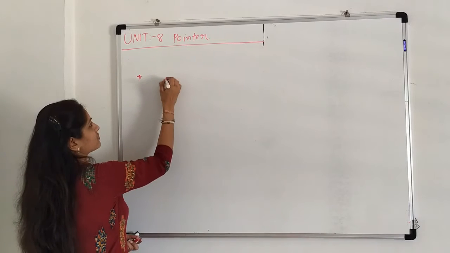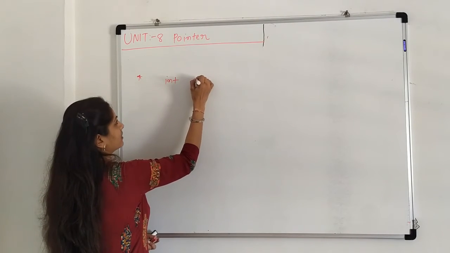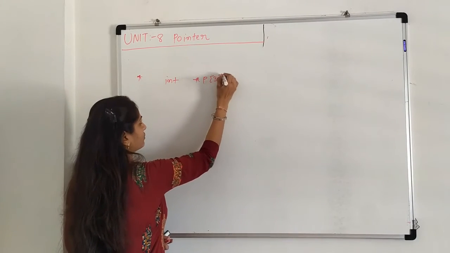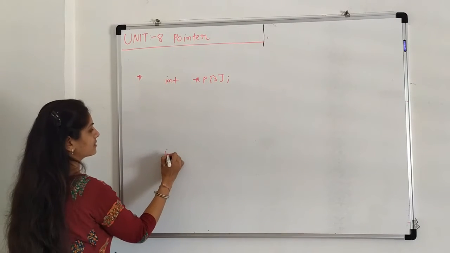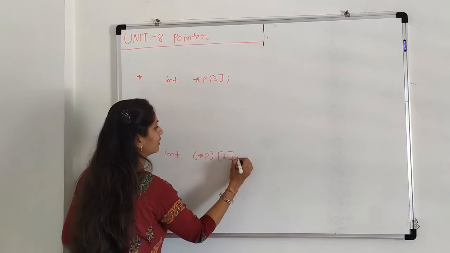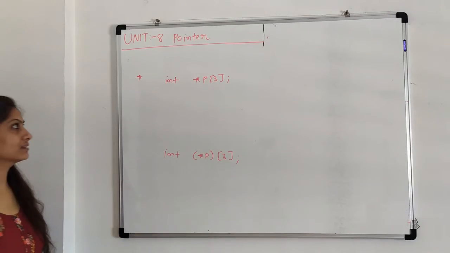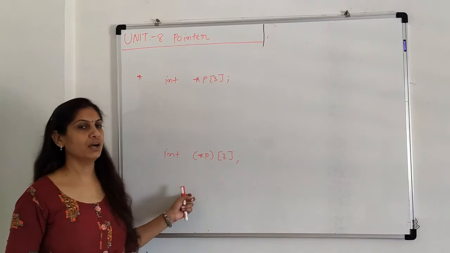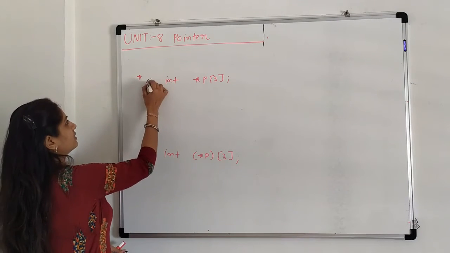What is the difference between integer star p of 3 and the second, integer star p of 3? This is asked in GTU for 2 to 3 marks. What is the difference between these two?